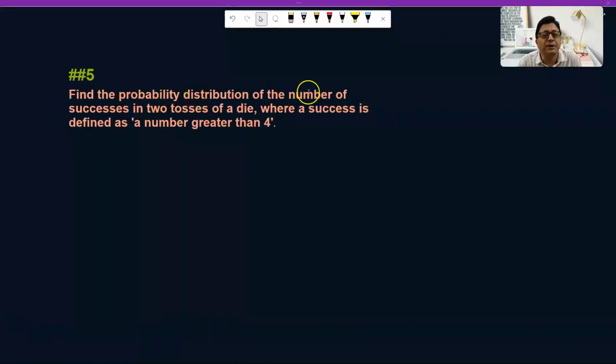Find the probability distribution of number of successes in 2 tosses of a die where a success is defined as a number greater than 4. Understand the sum?